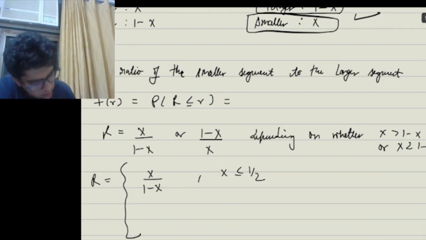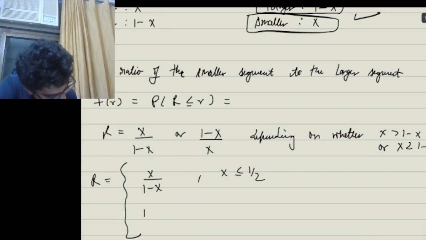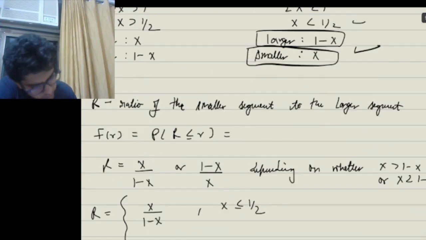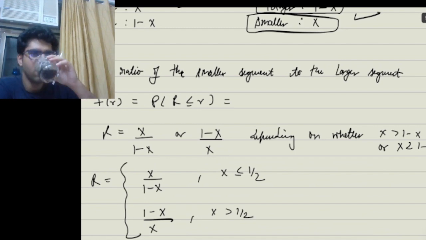So R is x upon 1 minus x, and the second term for R is 1 minus x upon x, and this will happen when x is greater than half. So we know what R is. Now we just need to calculate the distribution function, F of r.